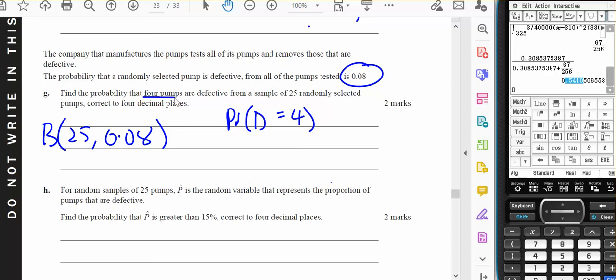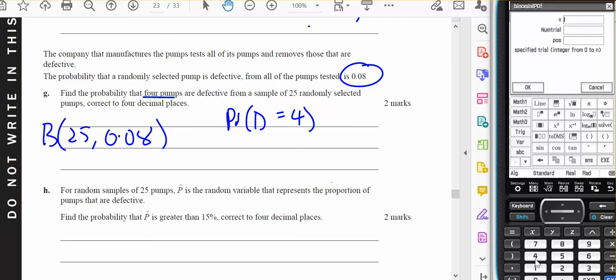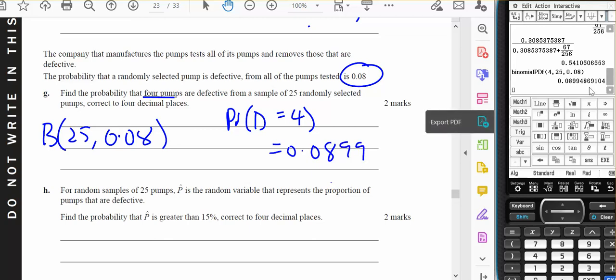So I've got binomial PDF, I've got 4, I've got 25 pumps, and the probability of being defective is 0.08, and that gives me 0.0899 to 4 decimal places.